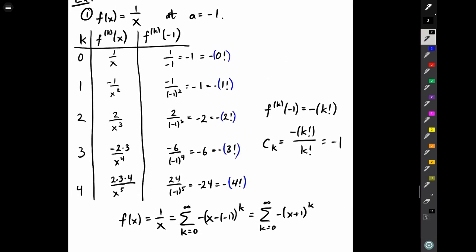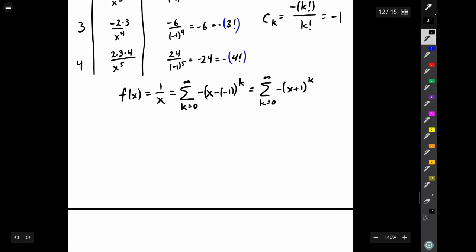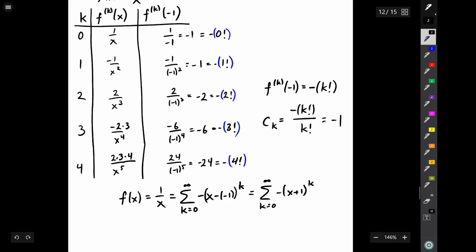Again, to verify it, we should use the ratio test, but the only place this thing is not defined is at x equals 0. Negative 1 is 1 unit away from x equals 0, so the radius of convergence is actually going to be 1. I'll let you test that on your own.